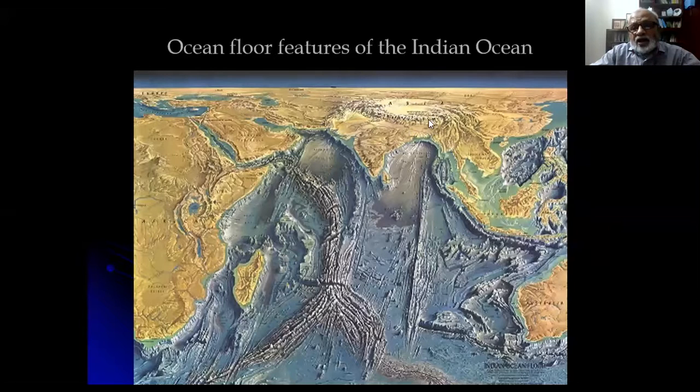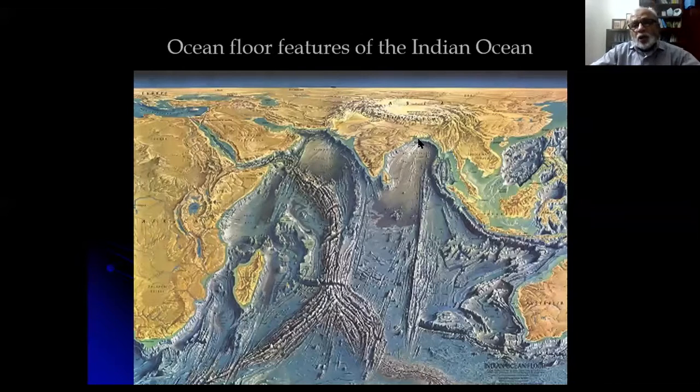These two main rivers are the main transporting agents of the sediments from the Himalaya range, and these sediments are coming through Bangladesh, through the Ganges Brahmaputra river system, and making a delta, one of the largest deltas in the world.